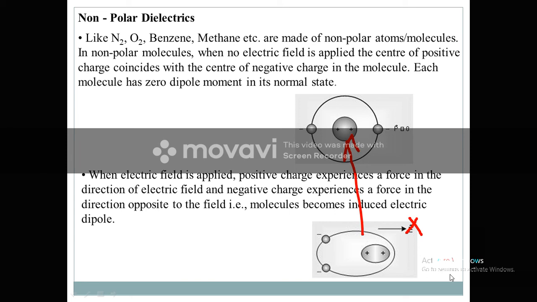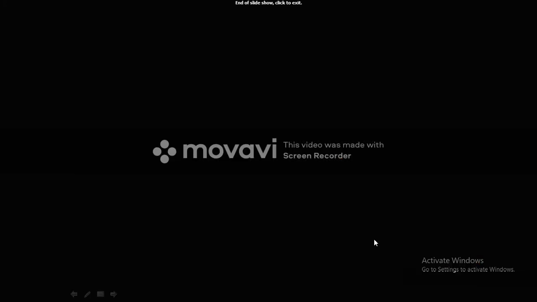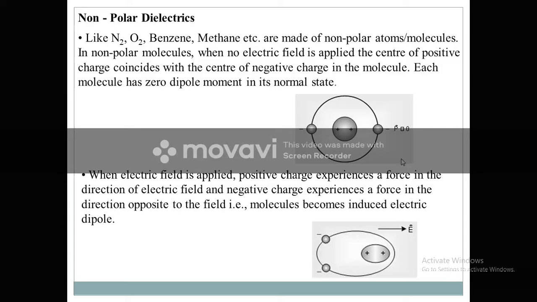That is why it is also called temporary dipoles. Examples of the non-polar are nitrogen, oxygen, benzene, methane, etc.